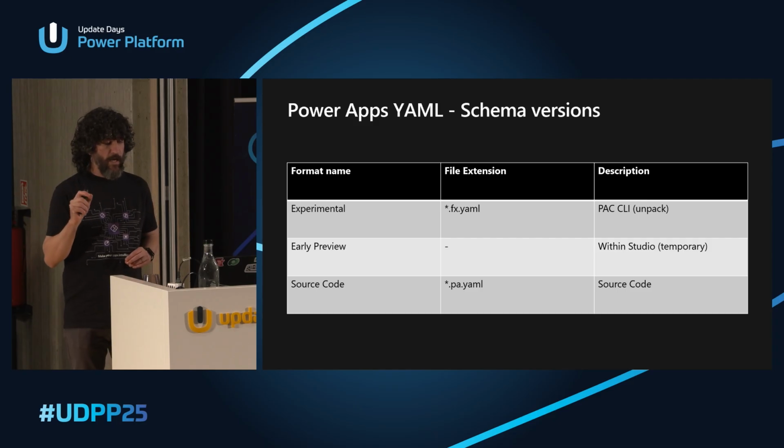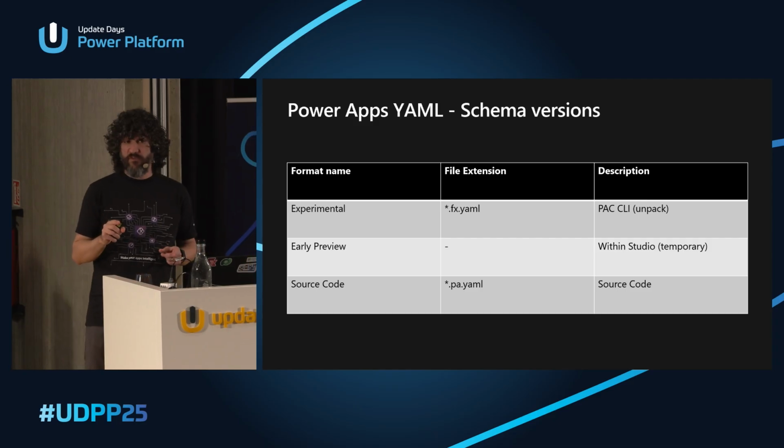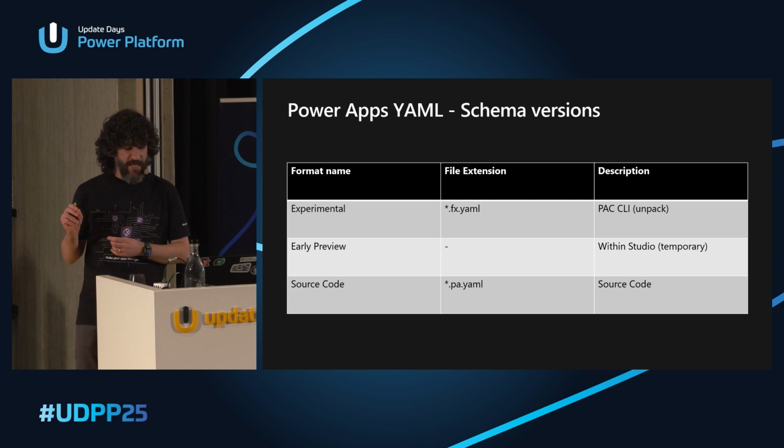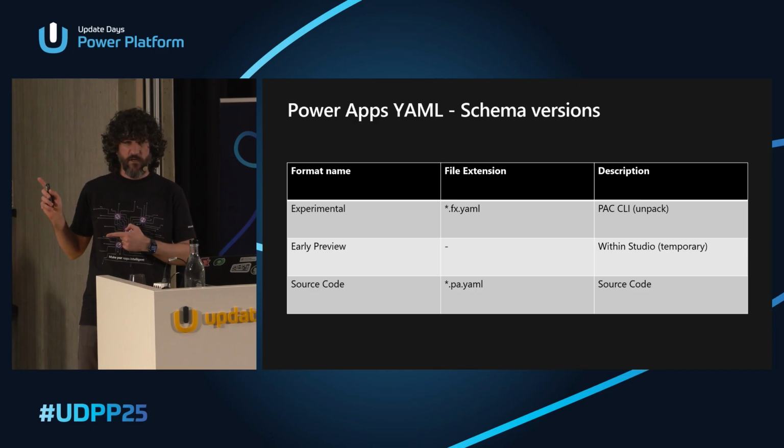We also have what we call early preview. This is when we started new features like code view, copy code and paste code in Power Apps Studio when you edit Canvas. We show a YAML. That's the format that we call early preview.